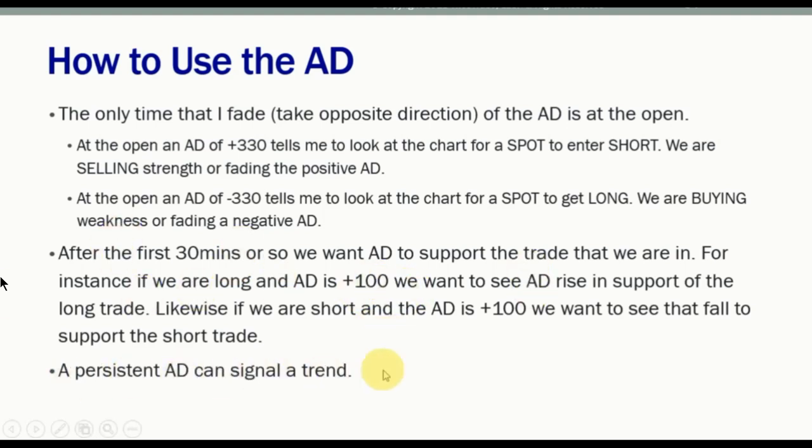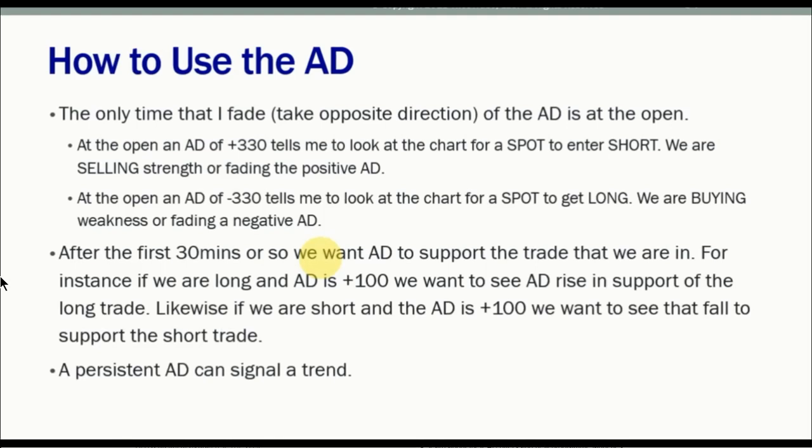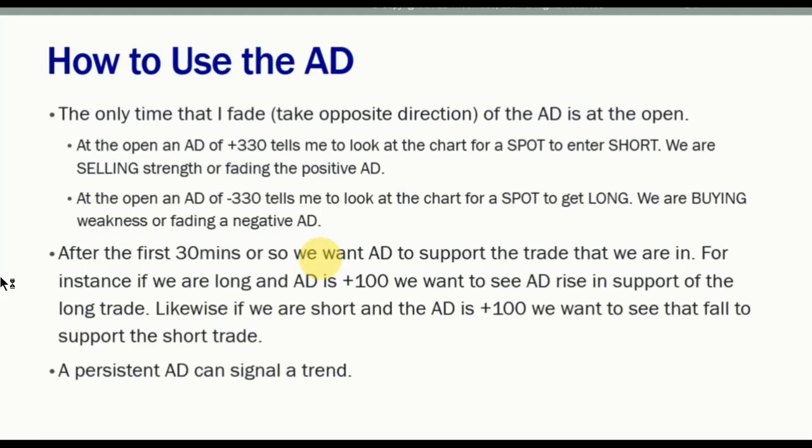A persistent AD can signal a trend. These are all these little things that we always use as we go through our day. This is really the only indicator that I lean on. Now, that being said, there are days that it's not applicable.